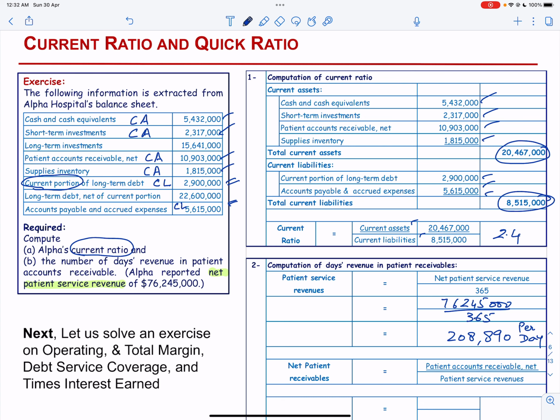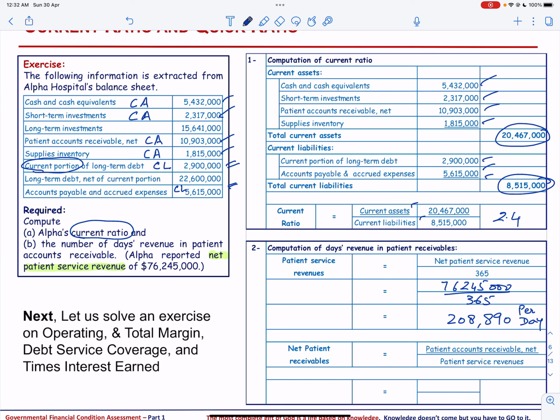Then they are asking for the net patient receivables, and that will be patient accounts receivable net divided by the patient service revenue per day. Patient accounts receivable net is 10,903,000, and just now we have calculated the revenue per day, that is 208,890.